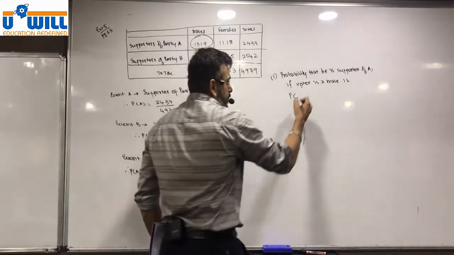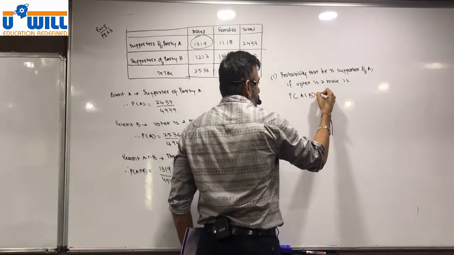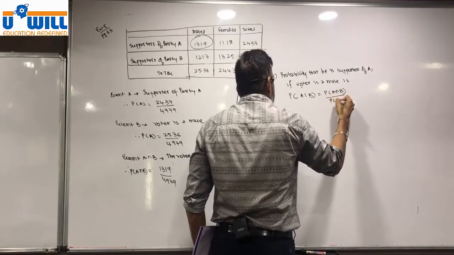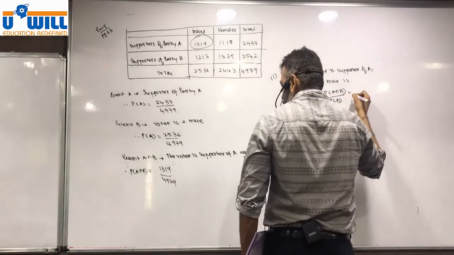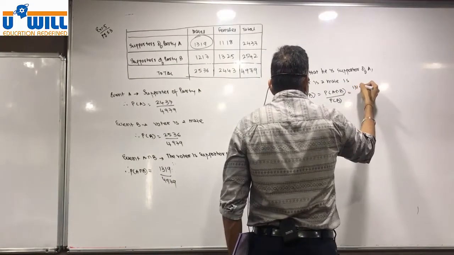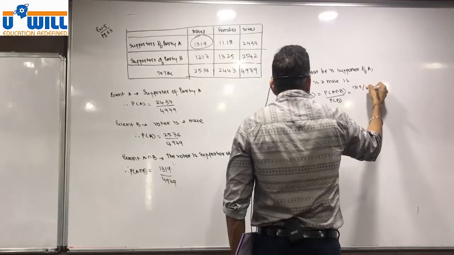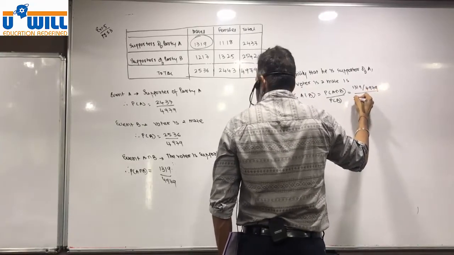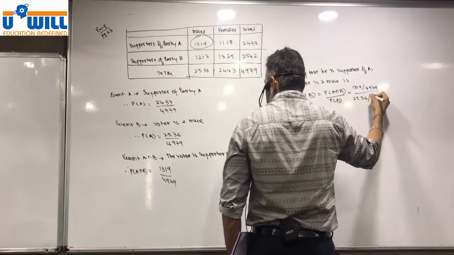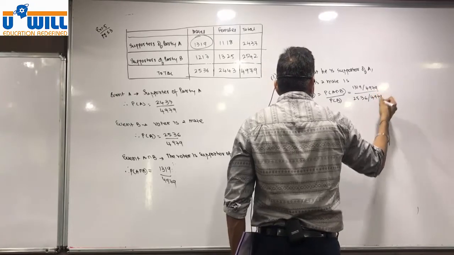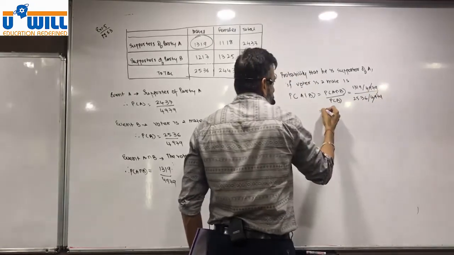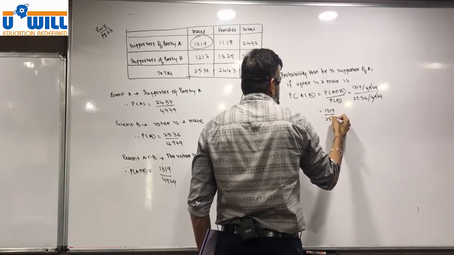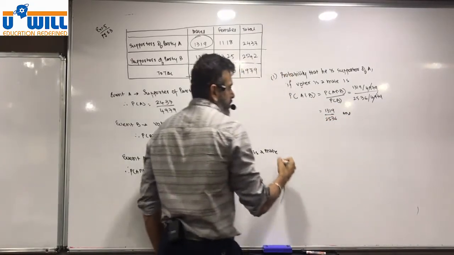B. So A given B, which is P of A intersection B upon P of B, which is equal to 1319 upon 4979 upon P of B, 2536 upon 4979, is equal to 1319 upon 2536. Answer.